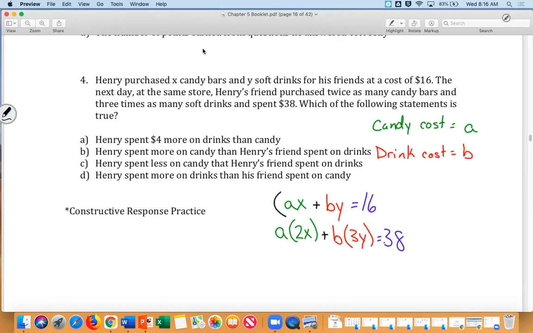Let's multiply this top equation by 2. That's going to give me 2ax plus 2by. You guys see where that came from? 2ax plus 2by equals 32.